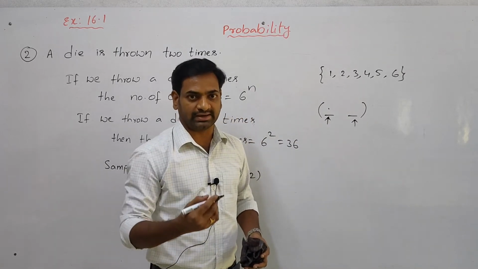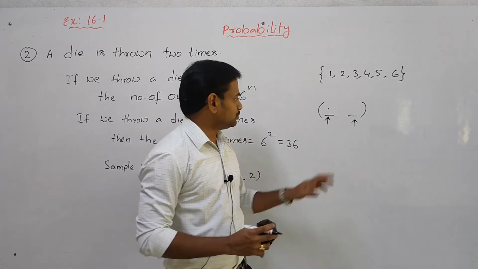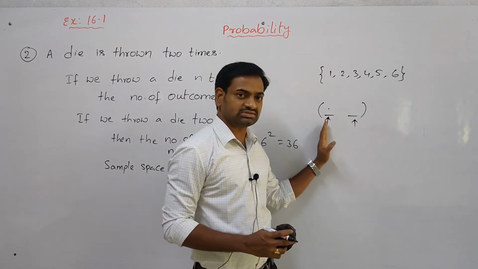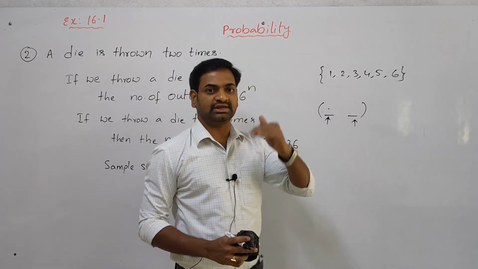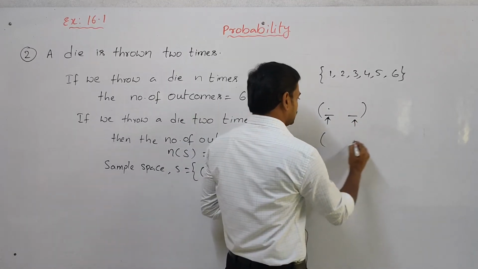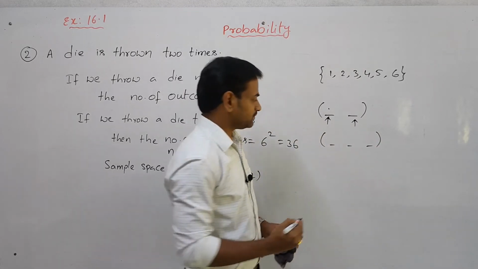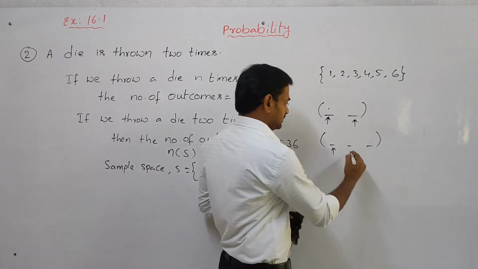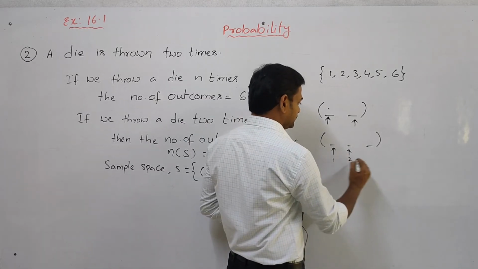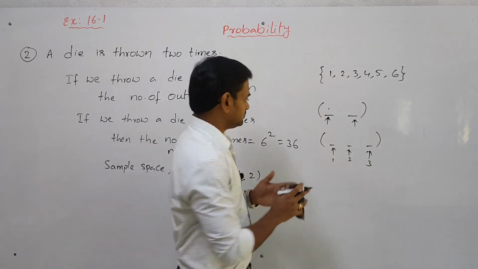If you throw the die 3 times, you will get a triplet: the first throw, the second throw, the third throw, like that.